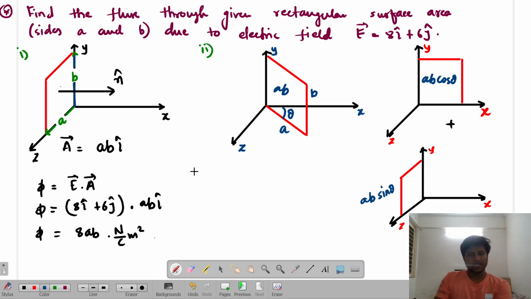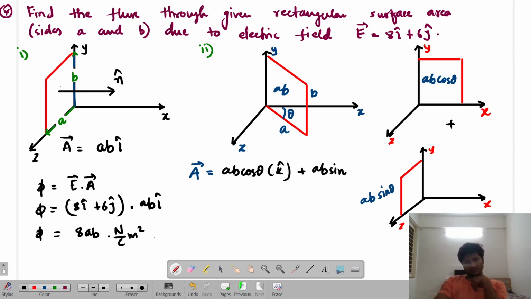So look over here, the area vector is given in two ways. One is parallel, which is AB cos theta, and its normal is along the plus z axis, because it is lying in the xy plane. So AB cos theta k cap, normal along k cap. And for this it is AB sin theta i cap.